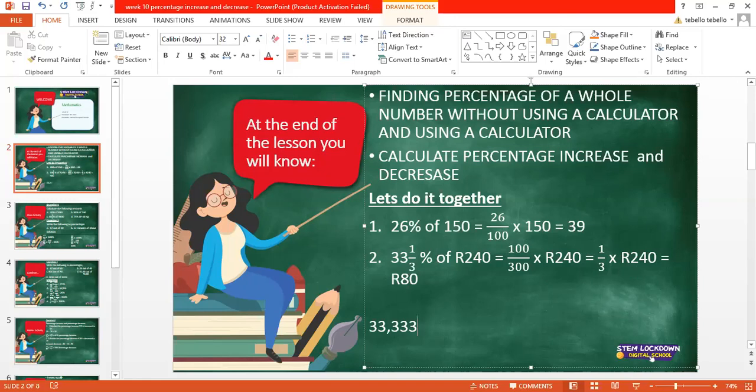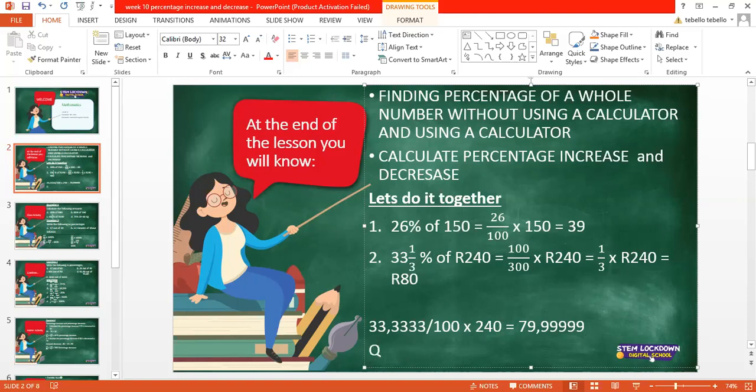Another method you can use is to say 33.333 divided by 100, multiplied by 240, and your answer will be 79.9999. This is what you would get, right? But then you can convert it to a whole number.